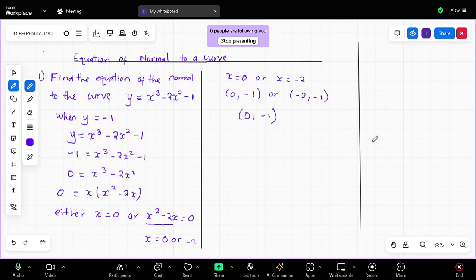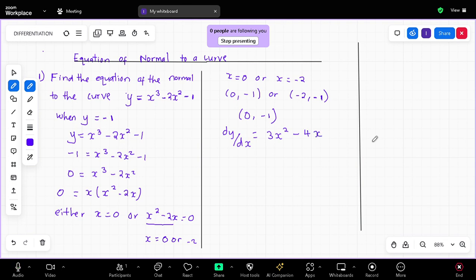The gradient function is dy/dx. Differentiating this function, we get 3x squared minus 2 times 2, which is 4x, because the power is reduced by 1.